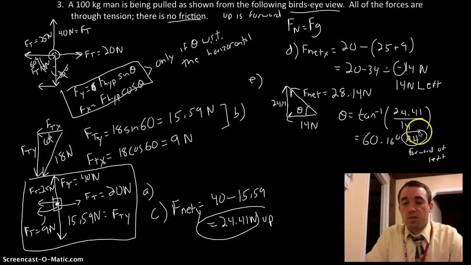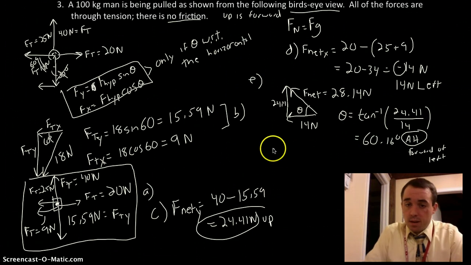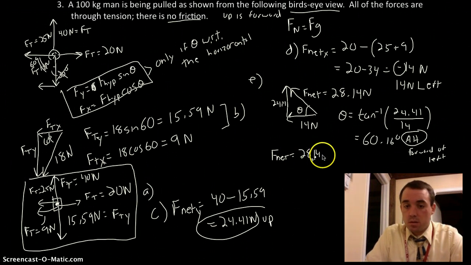Just keep it as above horizontal. It's simple. The last thing I have to do, so this right here combined, put it all together, my net force is 28.14 newtons at 60.16 degrees above horizontal.